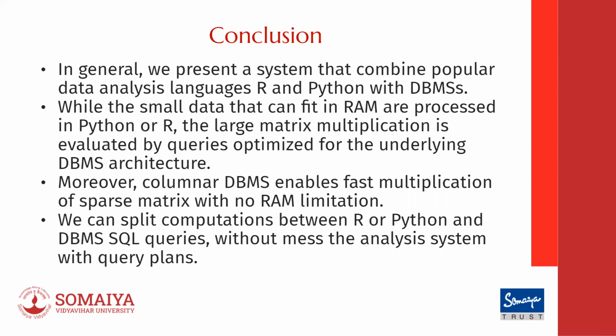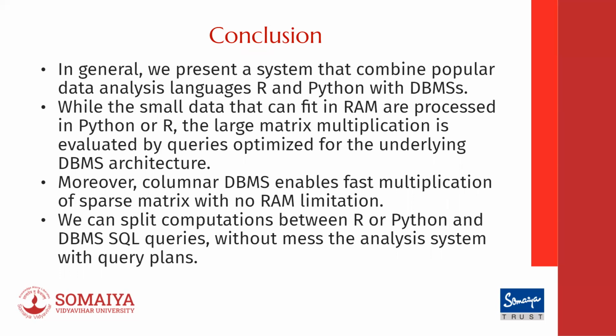As a conclusion, we present a system that combines popular data analysis languages R and Python with a DBMS. Using the most popular data analysis languages along with the DBMS is more efficient. While small data that can fit in RAM is processed in Python or R, the large-scale matrix multiplication is evaluated by queries optimized for the particular underlying DBMS architecture.